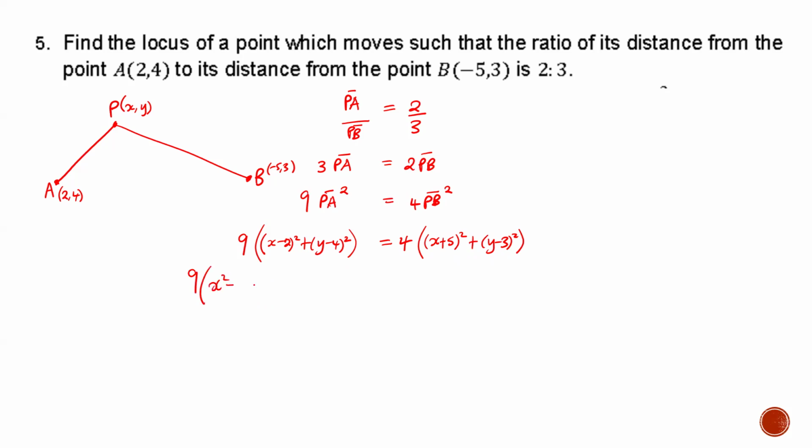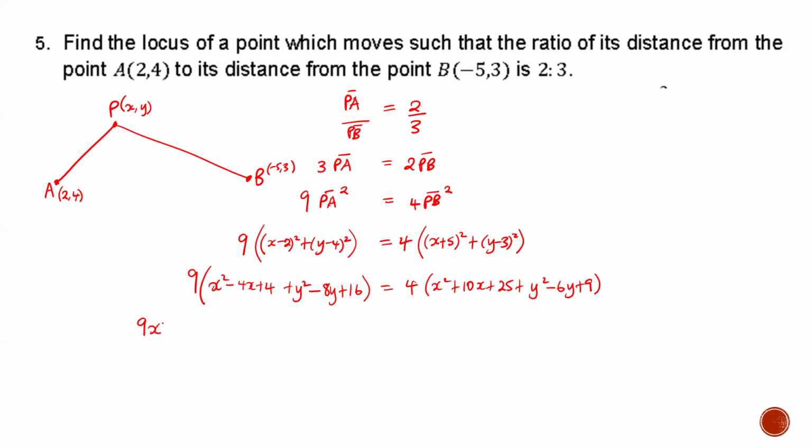So this is x squared minus 4x plus 4 plus y squared minus 8y plus 16, and this is equal to 4 times (x squared plus 10x plus 25 plus y squared minus 6y plus 9).